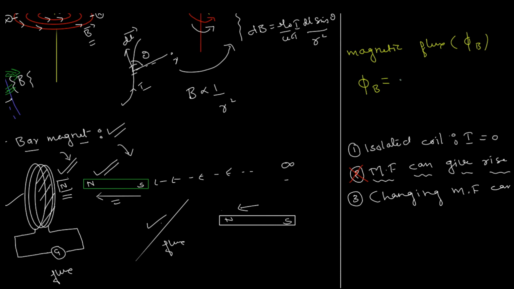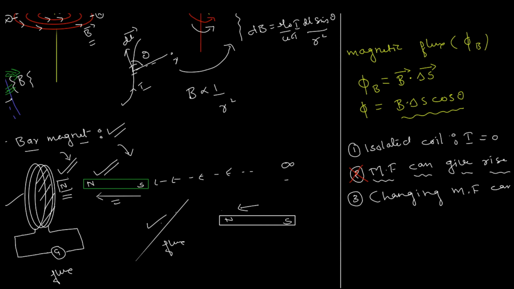So magnetic flux phi B is equal to the magnetic field, just like the electric flux definition, guys. So B dot delta S, instead of E dot delta S as in electric flux, we have B dot delta S here, or B into delta S into cos theta. Okay, so that's magnetic flux. Now the question is, if this wire has no cross-sectional area, how will it have flux at all, right?